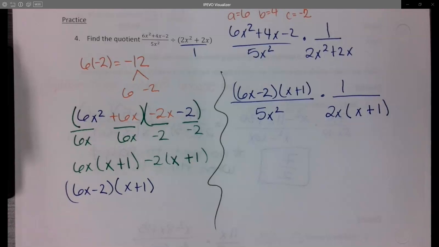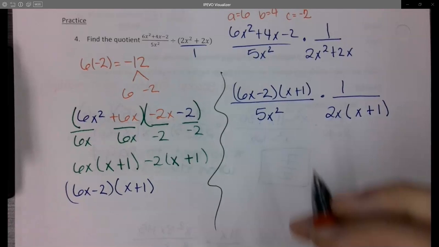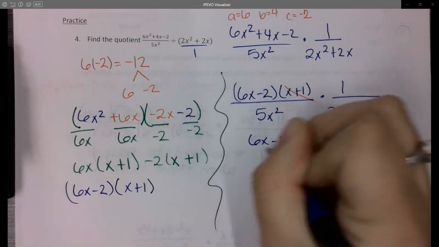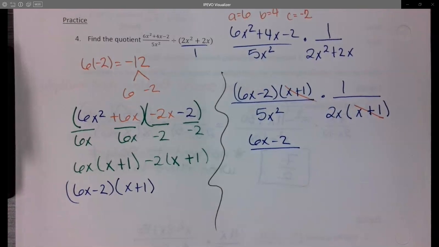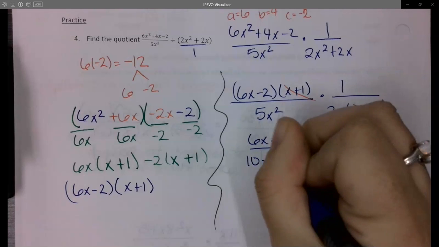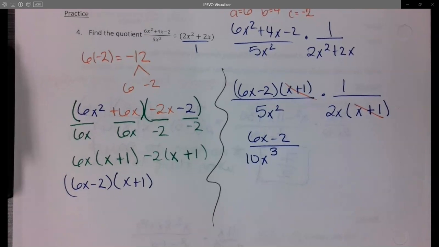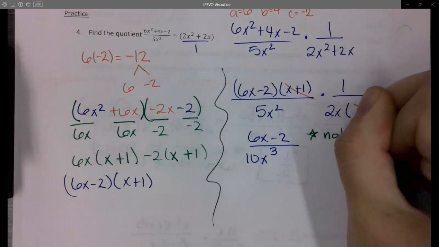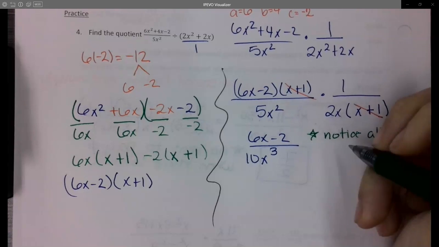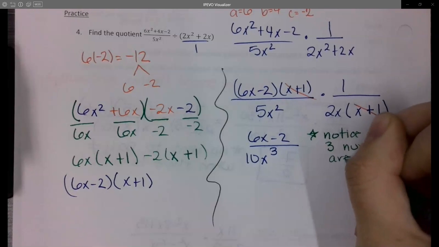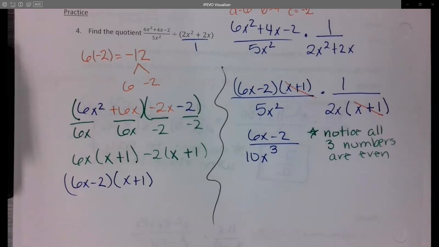Okay. Can I cancel anything out? X plus 1. So then when I rewrite this, I'm going to have 6x minus 2 on the top. What do I get on the bottom? 10x cubed, because I take the 5 and multiply by the 2. On this one, notice all three numbers are even. So what I can do is I can factor out a 2 from everything.